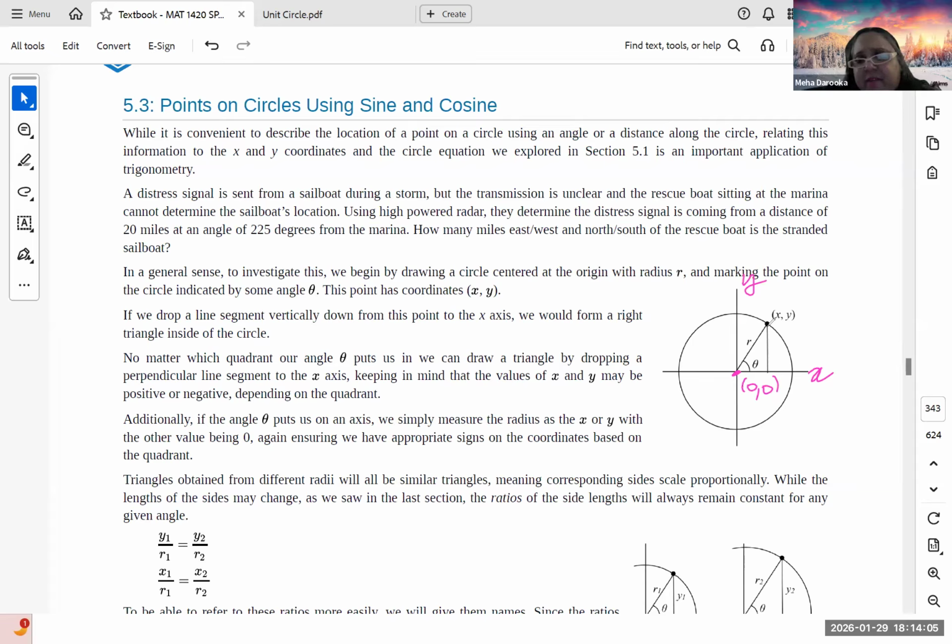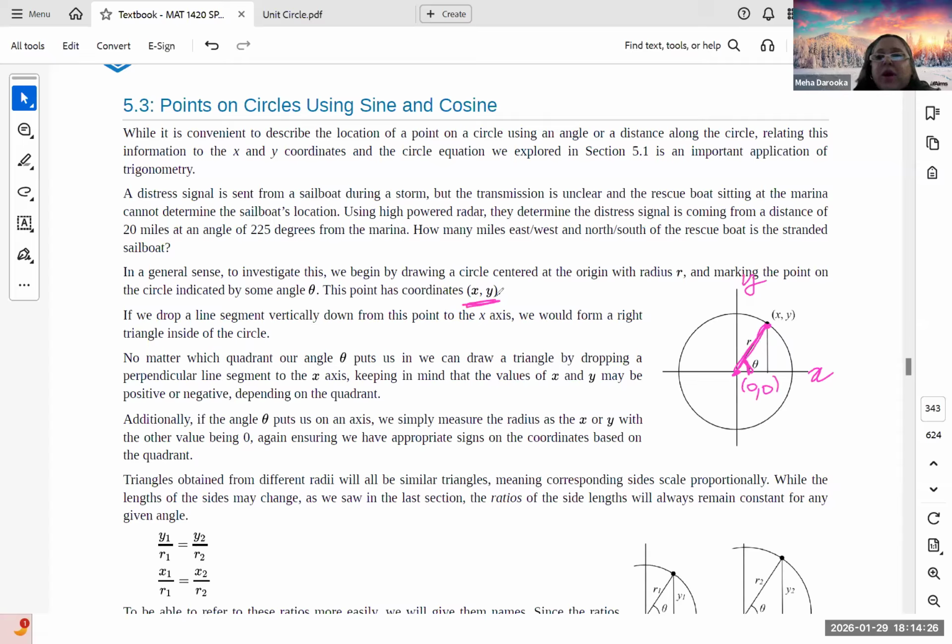You can see we have our point over here, our angle theta, and our radius r. When we are working with the rectangular coordinate system, we put the coordinates in the ordered pair of x and y. So, alphabetical order: x goes first, y goes second.